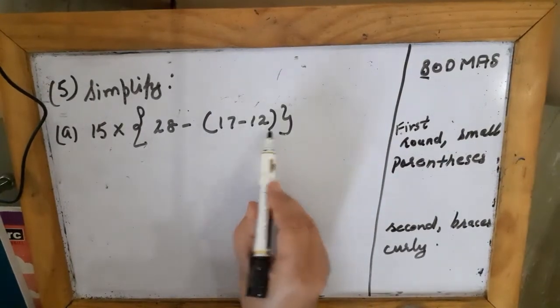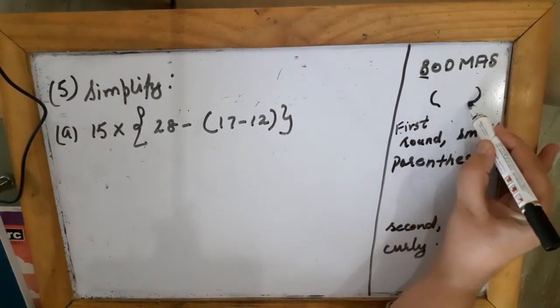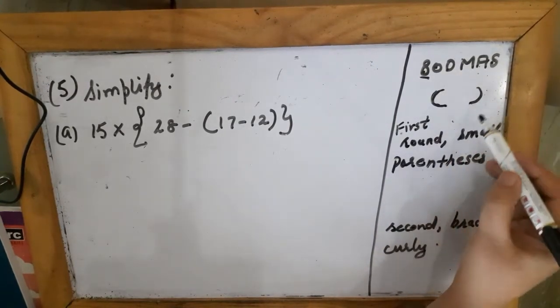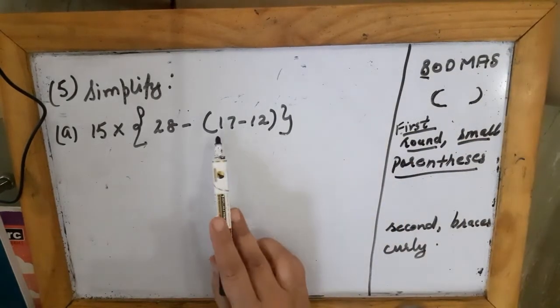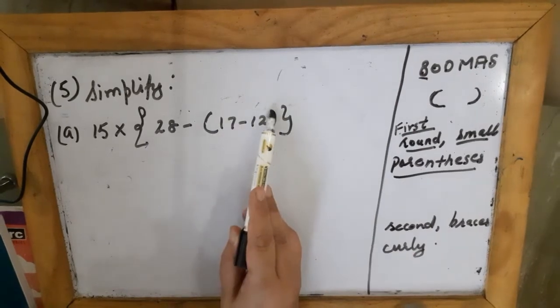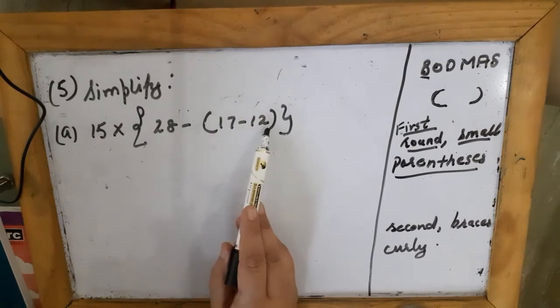One, as you can see, this type of bracket, is called the first bracket, or round bracket, small bracket, or parenthesis.